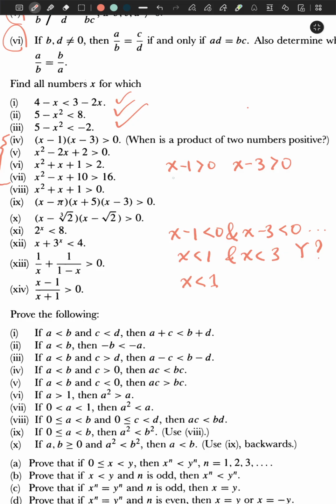At the same time, we can also see what range of values is allowed in the first statement we made. When x > 1 and x > 3, that means x needs to be greater than 3.